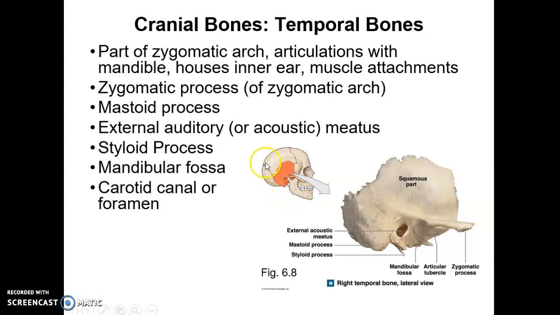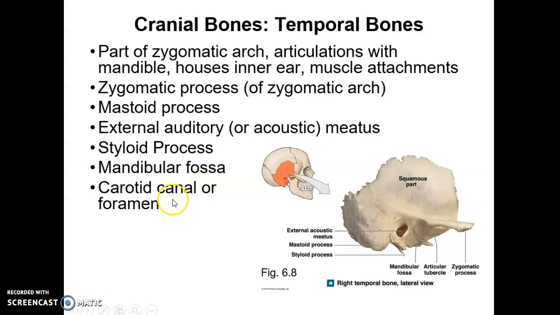Let's see, external acoustic or auditory meatus I mentioned. Passageway for sound waves to enter into the ear. The styloid process is this bony protrusion, this thin one here, and also serves as sites of muscle attachments that go towards the tongue. Styloid process. Mandibular fossa I mentioned. That's this articulation site for the mandible.